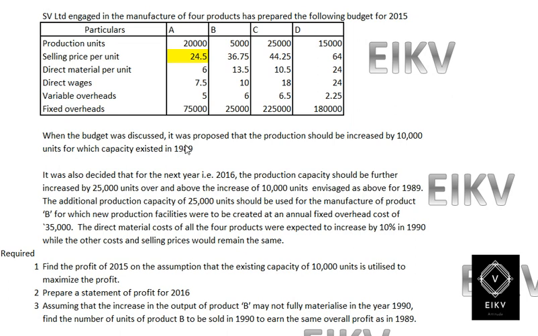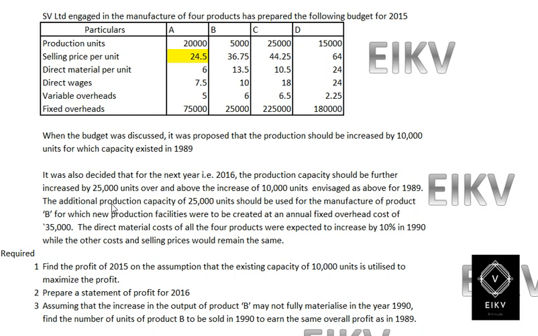When the budget was discussed, it was proposed that the production should be increased by 10,000 units, for which the capacity existed in 1989. It was also discussed that for the year 2016, the production capacity should be further increased by 25,000 over and above the increase of 10,000 units envisaged as above.